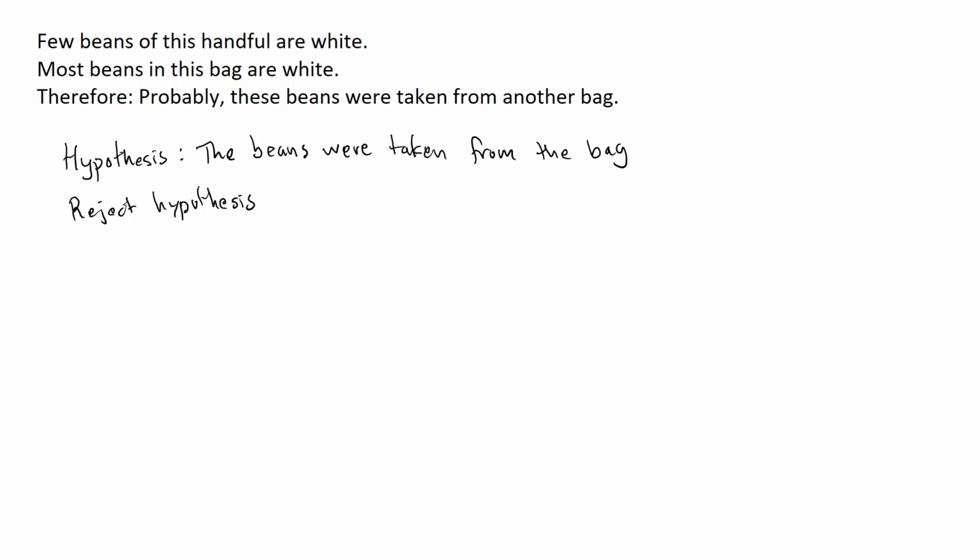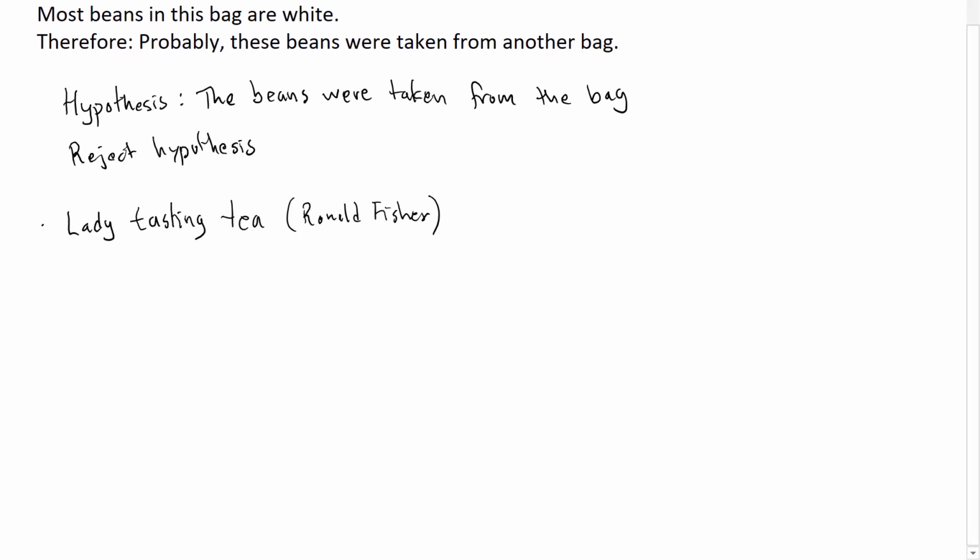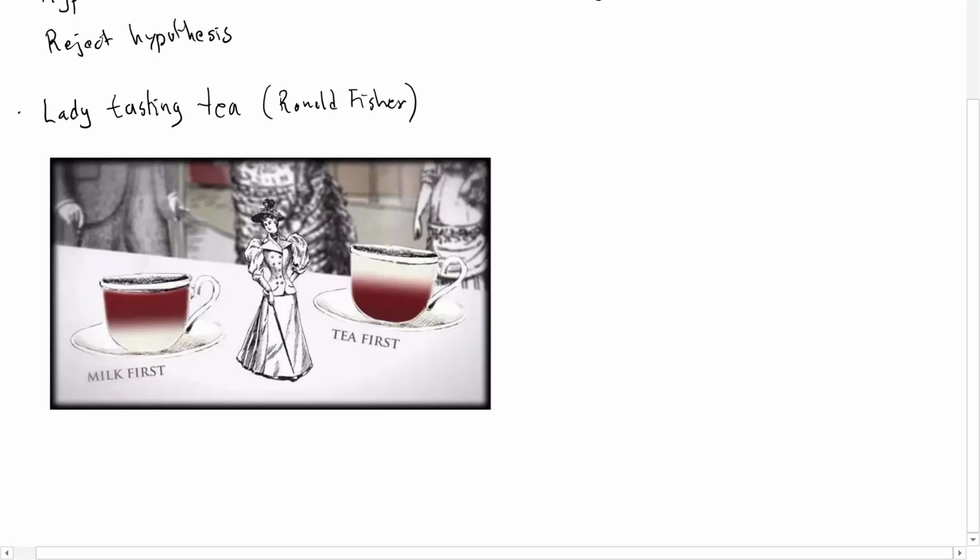A step up from this example into a more formalized theory of hypothesis testing is the lady tasting tea experiment, which was devised by one of the most famous statisticians, Ronald Fisher. The idea behind this story is that there is this lady and she claims that she can tell if you poured the milk first and then the tea, or if you poured the tea first and then the milk.